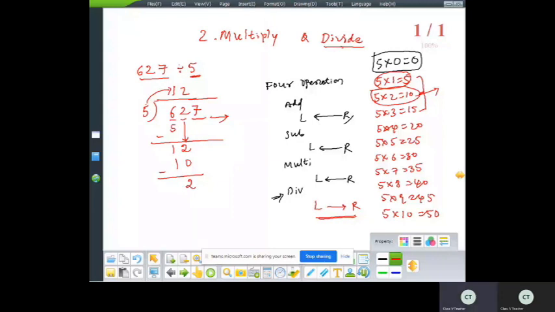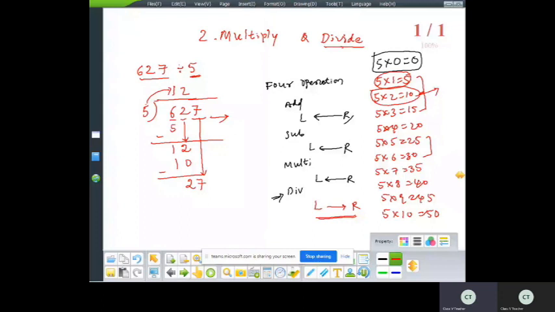Now 27. Where is the 27? There is no 27, but 27 lies between 25 and 30. 5 sixes are 30, which is bigger than 27. We take less than or equal value. We take 5 fives are 25.